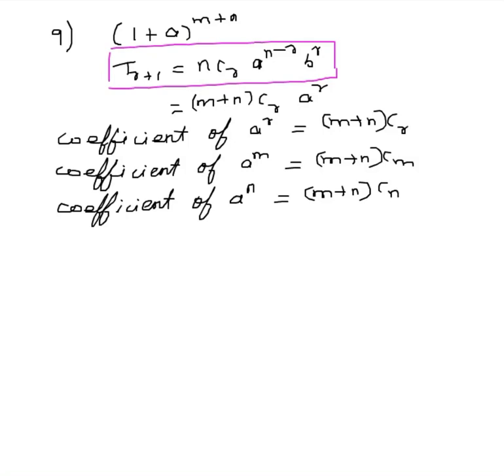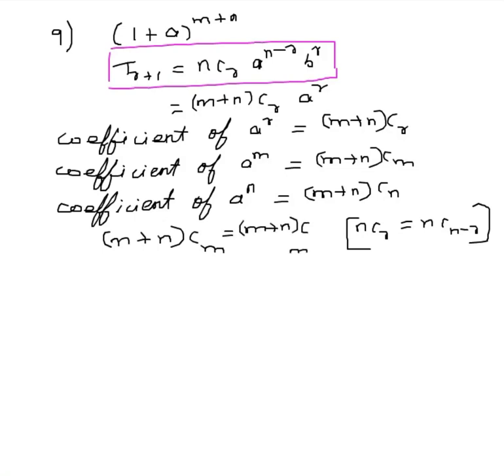We have to prove that these two coefficients are equal. M plus n Cm. For this coefficient, let us use the formula NCR is equal to NC n minus r. Therefore, this becomes m plus n C, m plus n minus n.